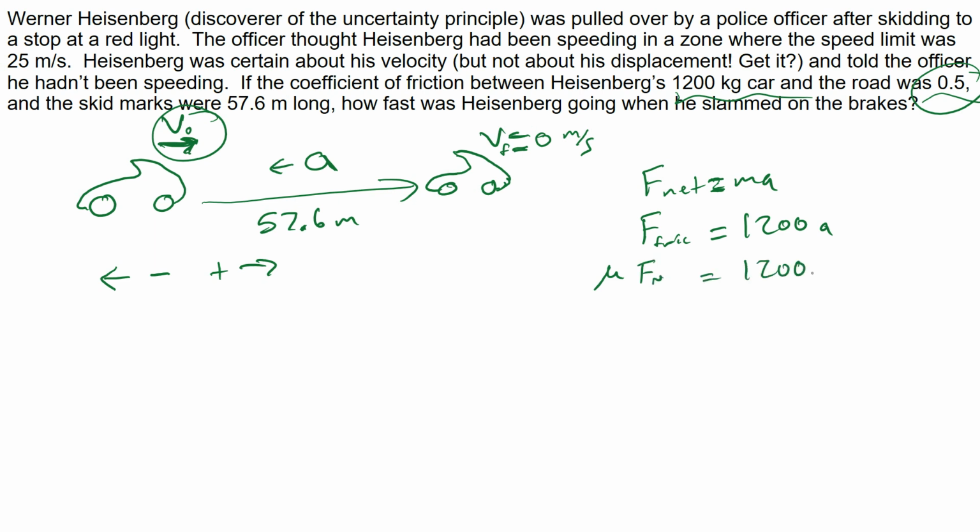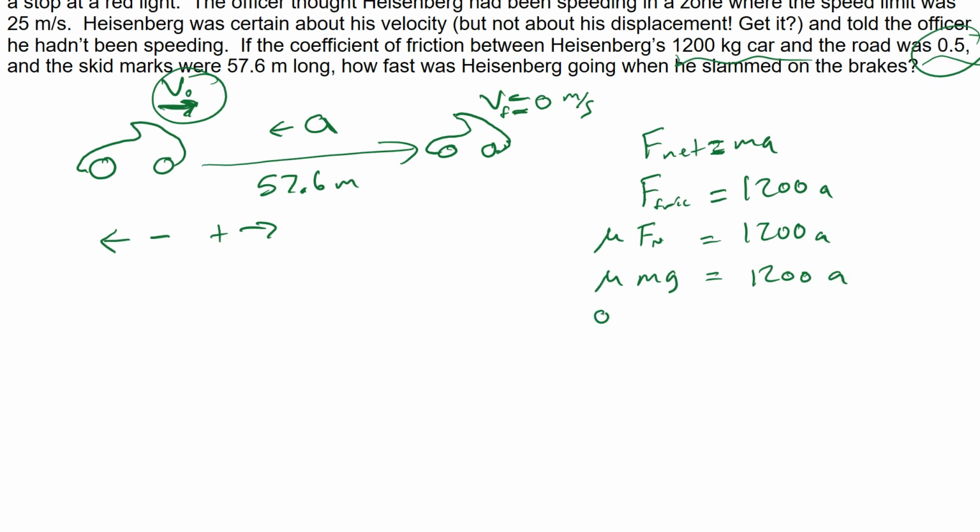And in this case, the normal force, the thing pushing the car into the road, is its weight, mg. So when I plug in 0.5 times the mass of the car times acceleration due to gravity, which is 10, I'm able to find that the acceleration is 5 meters per second squared.